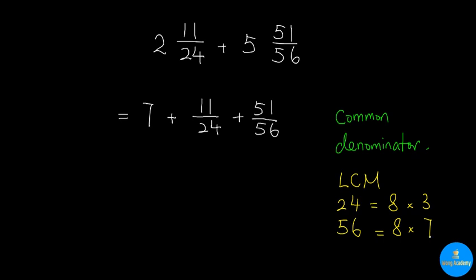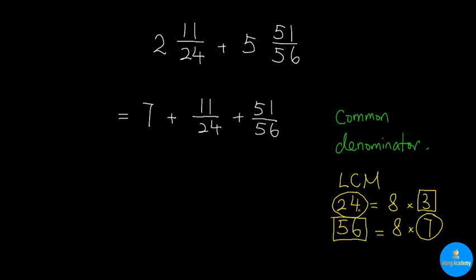So the least common multiple can be found by using 24 as well as 7, which is the factor that 24 doesn't have, or by using 56 together with 3, which is the factor that 56 doesn't have. 24 times 7 as well as 56 times 3 are both 168.